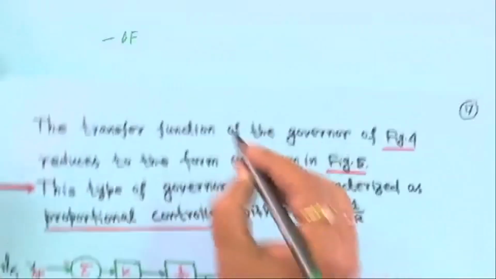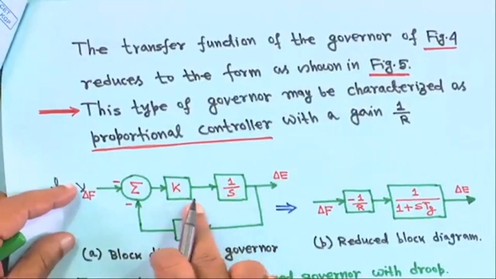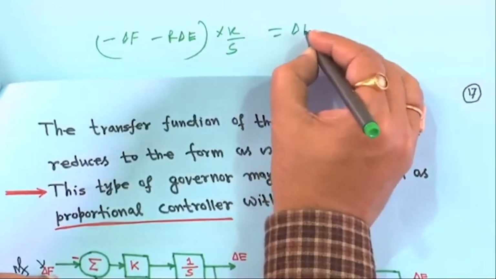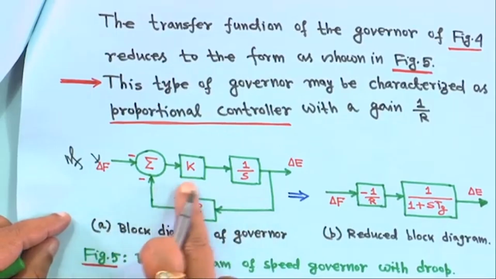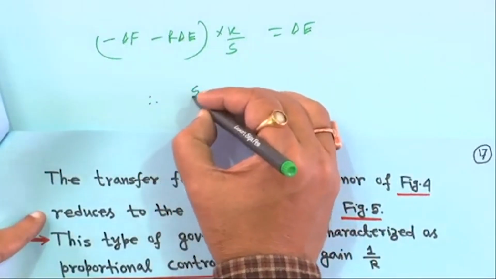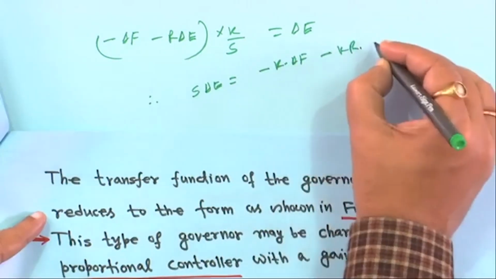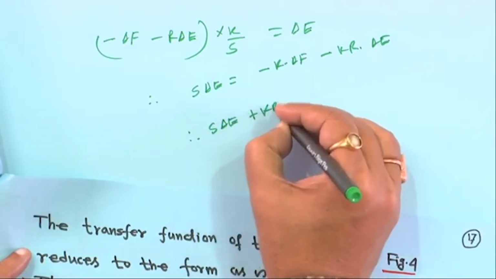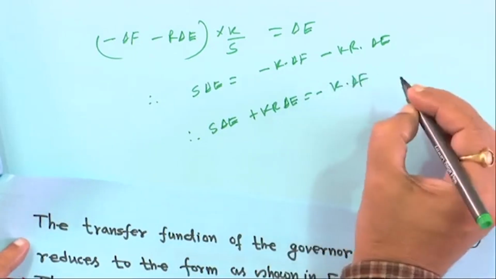So, R delta E, minus R delta E. So, minus R delta E bracket close into K upon S, right, the integrator, and this is the gain, is equal to the output delta E. So, delta E is equal to minus delta F minus R delta E into K upon S. If you simplify this, then S delta E is equal to minus K delta F minus K R delta E, or S delta E plus K R delta E is equal to minus K into delta F, right.